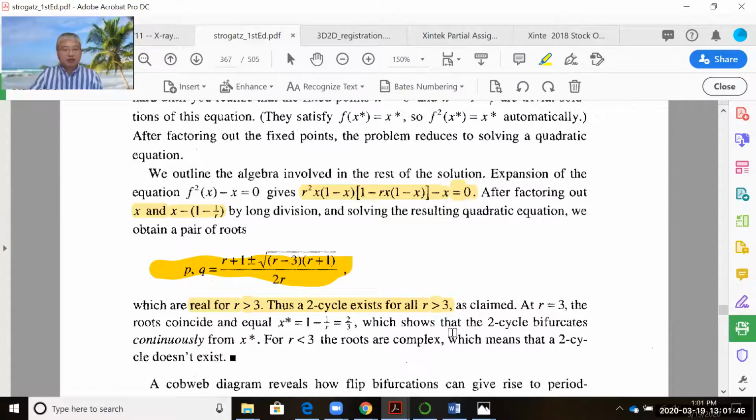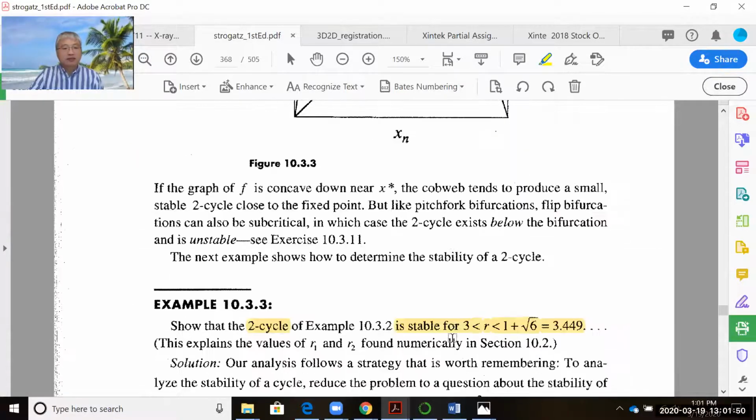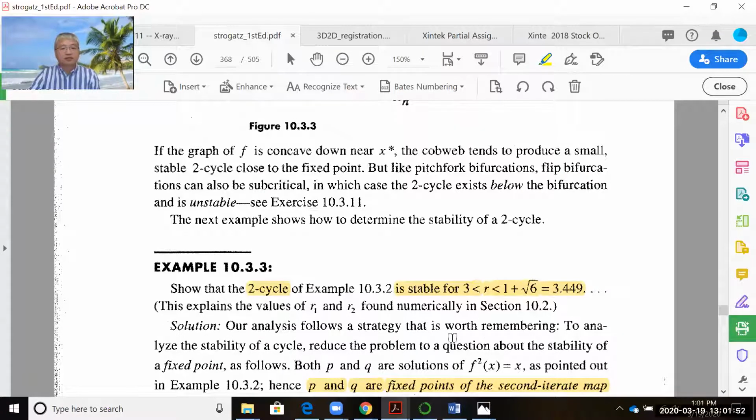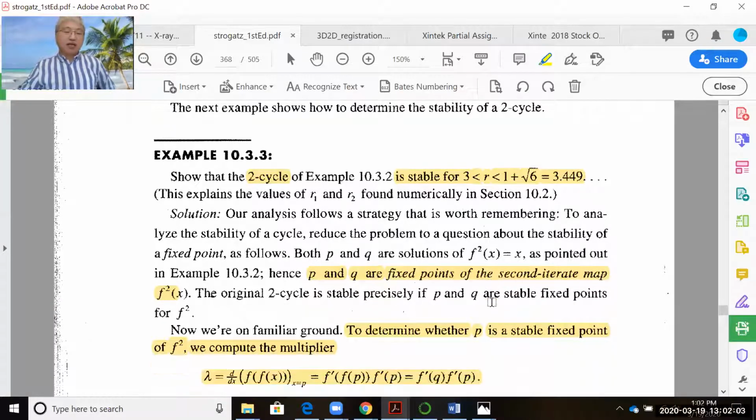Now, for the stability analysis, we want to show that the period 2 cycle is stable between these two values. So how do we analyze stability? The stability of the period 2 cycle is equivalent to the stability of the fixed points of the f square map, because P and Q are fixed points of this map.